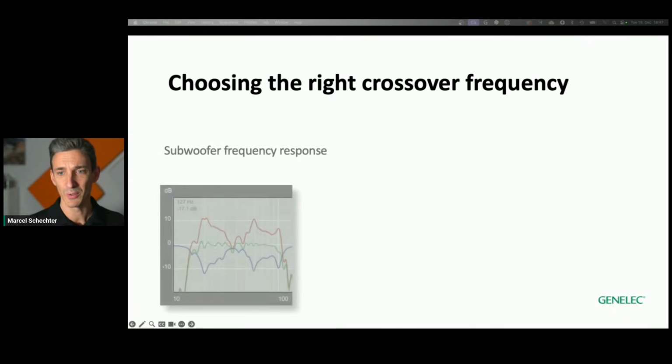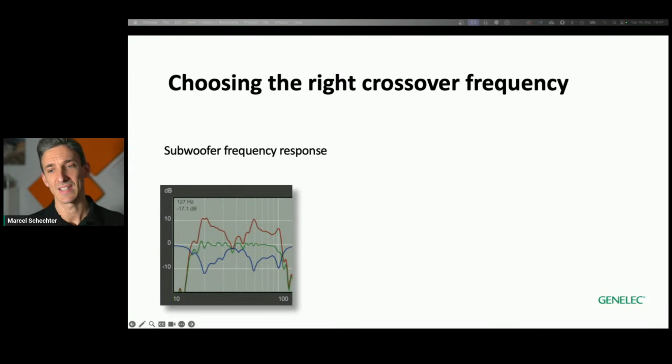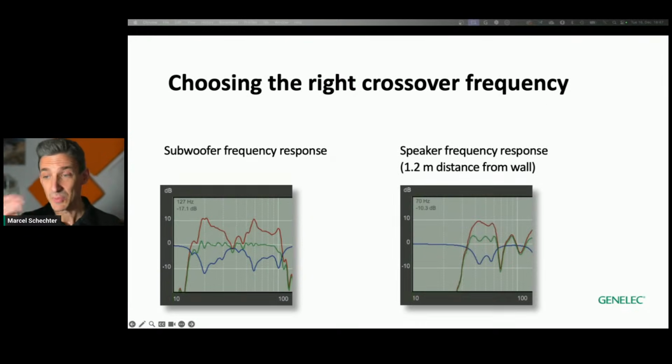I can just show you the results from GLM for this. This would be a measurement for the subwoofer. You see after calibration, very linear from 20 up to almost 100. And this is the speaker, and the speaker, of course, because I put it 1.20 meters away, has this notch you can clearly see. And if I now choose the crossover that it's higher than this notch, for example, 90, 85, yeah, then this is covered.